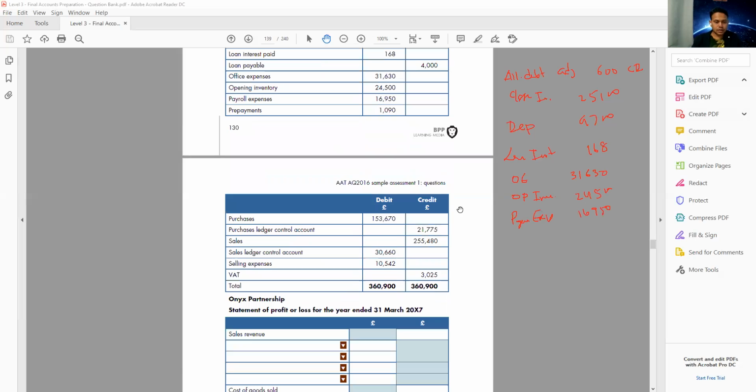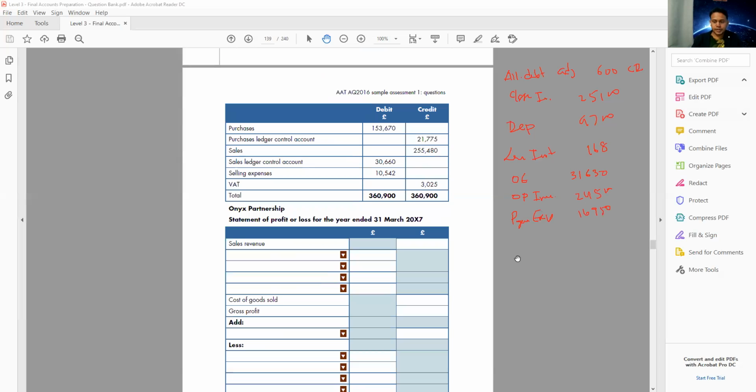Let's go there. Purchase is going, of course. Purchase 153,670. Then sales, yes, sales is going to 55,480.